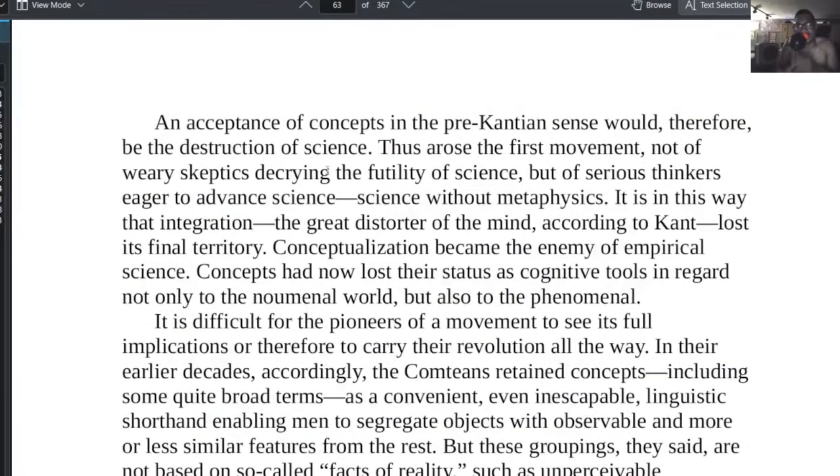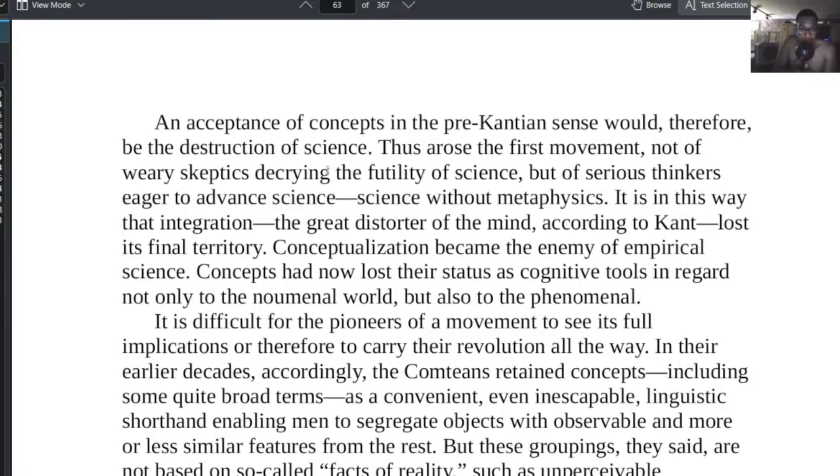An acceptance of concepts in the pre-Kantian sense would, therefore, be destruction of science. Thus arose the first movement not of weary skeptics decrying the futility of science, but of serious thinkers eager to advance science, science without metaphysics. It is in this way that integration, the great distorter of mind, according to Kant, lost its final territory. Conceptualization became the enemy of empirical science. Concepts had now lost their status as cognitive tools in regard not only to the noumenal world, but also the phenomenal world.